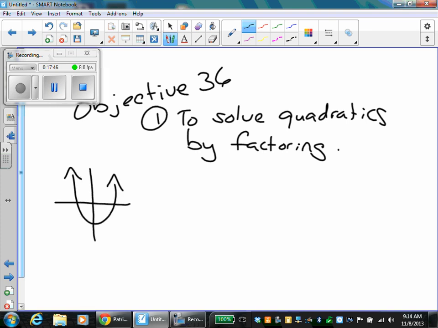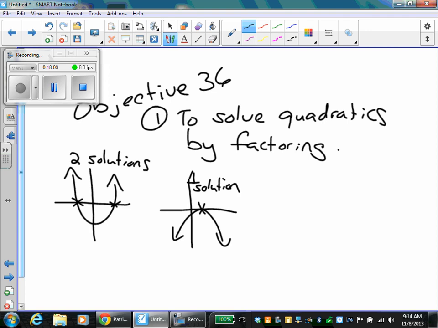And in this case, this one would have 2 answers. You are looking for where it's crossing the x-axis. Don't forget, if you have one that looks like this, it only has 1 solution.